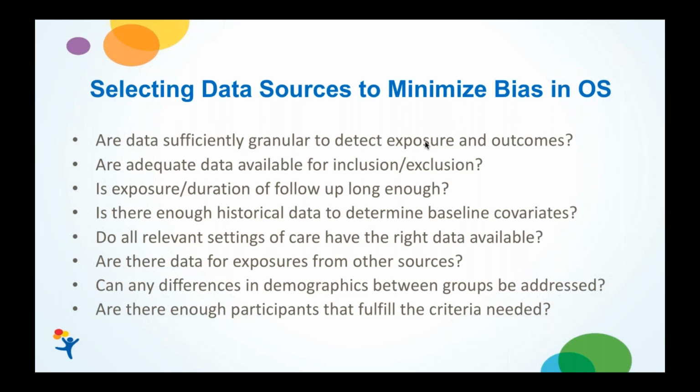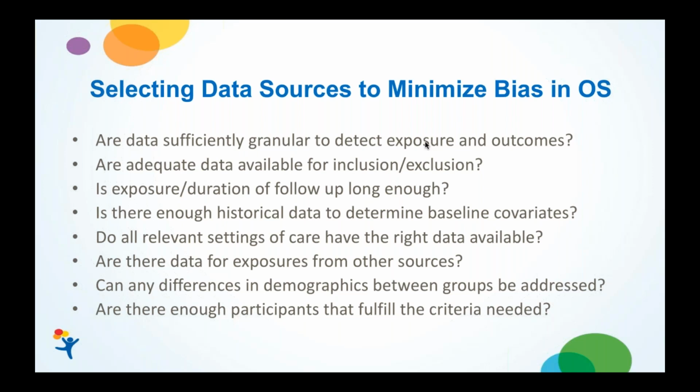So that's a different set of questions. Oftentimes inclusion-exclusion criteria are very closely linked to exposure and outcomes, but not always, particularly if the criterion happened in a really different setting from where your data for exposure and outcomes are coming from.